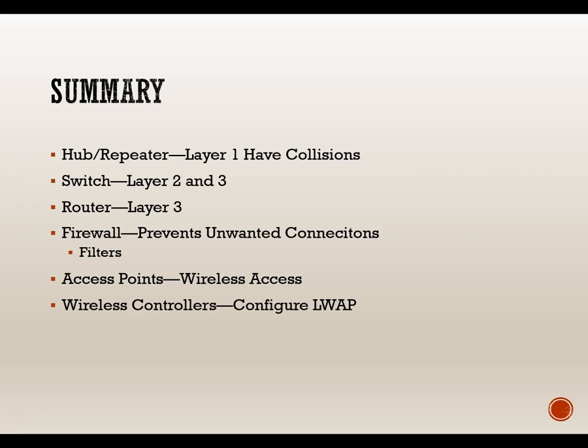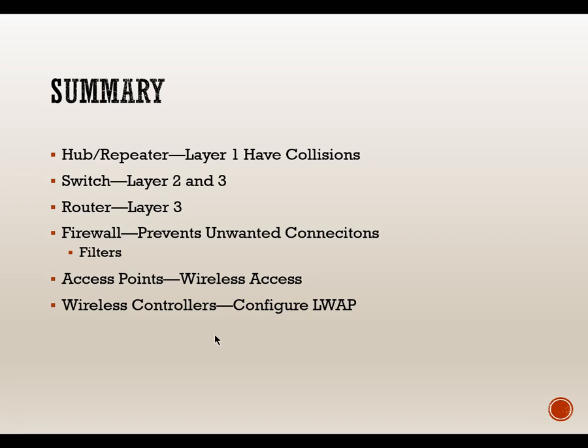It created broadcast domains, and back to the OSI model, it finds the path through a network to get from point A to point B. The firewall prevented unwanted connections. We used filters called access control lists in order to do that. Access points were used for wireless access, and the wireless controllers were used to configure the lightweight access points.